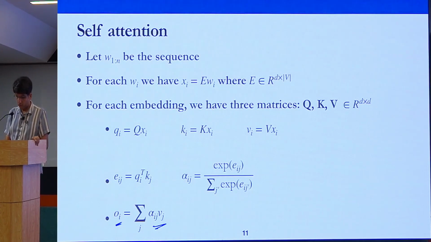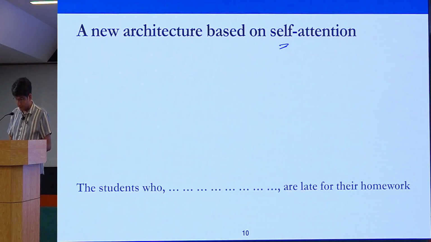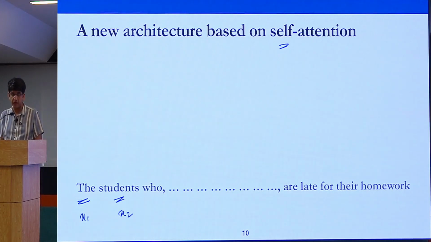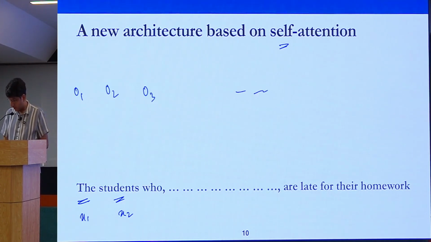So if you were to go back to this particular slide here, where was this? Okay, here. At the end of this operation, you will start with representations like x1, x2, and so on. These are vectors, but you will get O1, O2, O3, all the way till On.